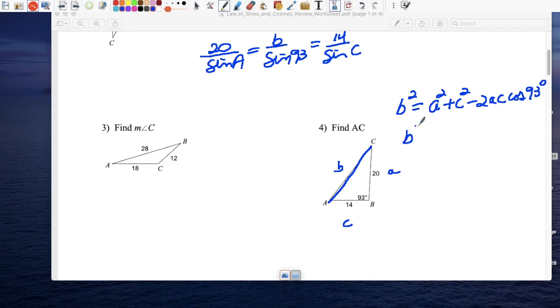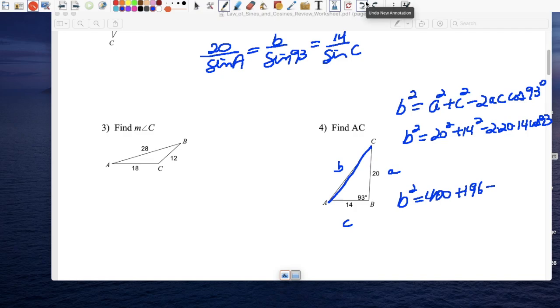So b squared equals 20 squared plus 14 squared minus 2 times 20 times 14 cosine 93. Right. So you can put all that in your calculator and then take the square root. I'm going to do it in steps. b squared equals 400 plus 196, minus 2 times 20.